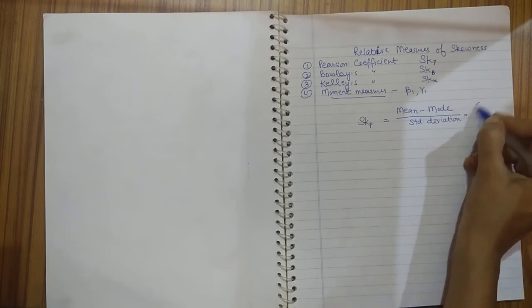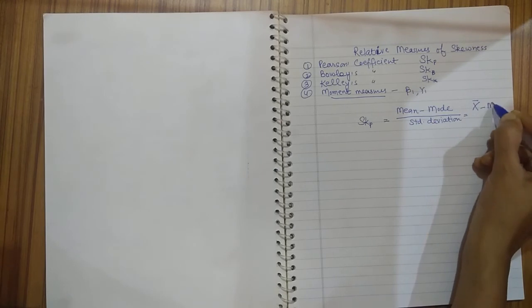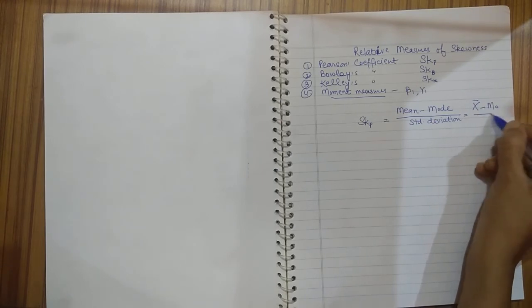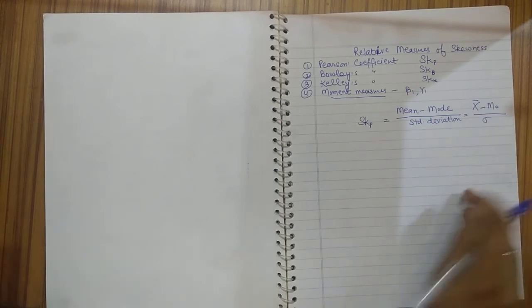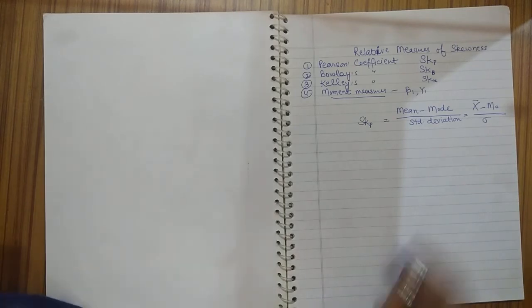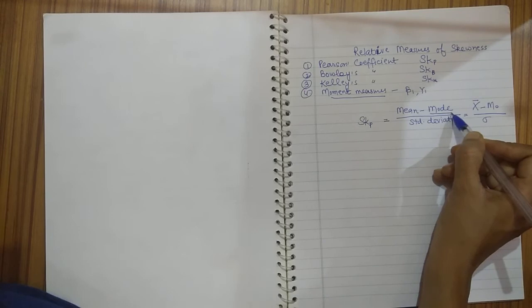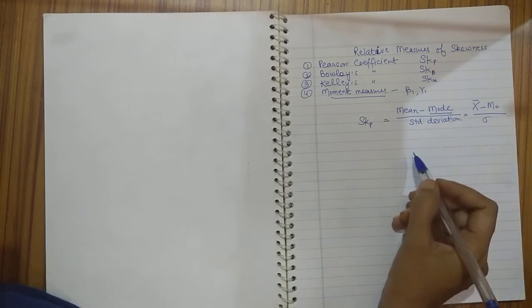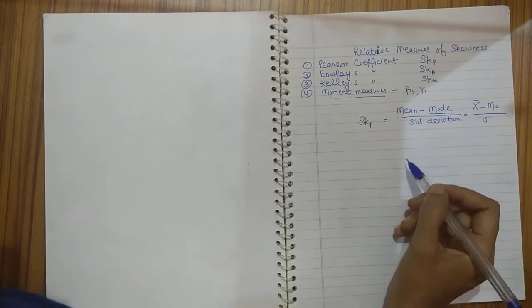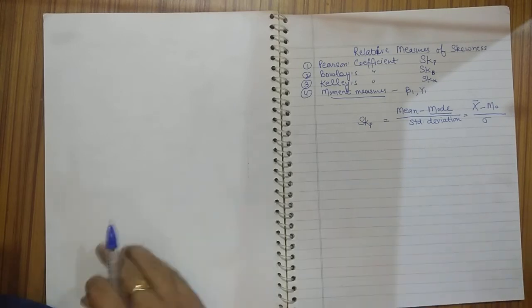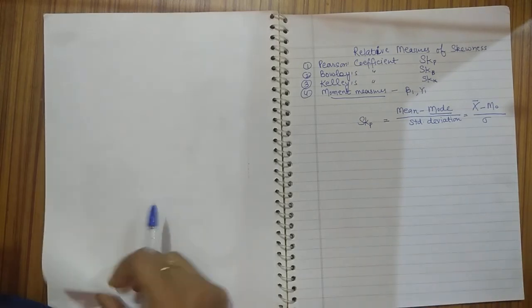So you can say x bar minus mode, MO, over sigma. Now in case you have not been provided with the value of mode, but you are provided with the value of median, then you can make use of the relationship between these three.